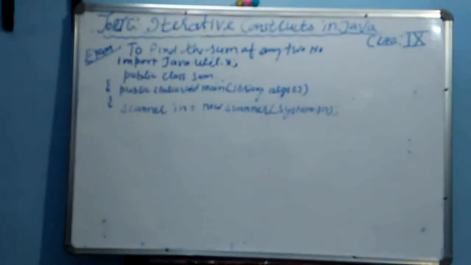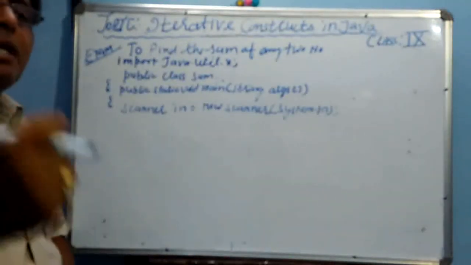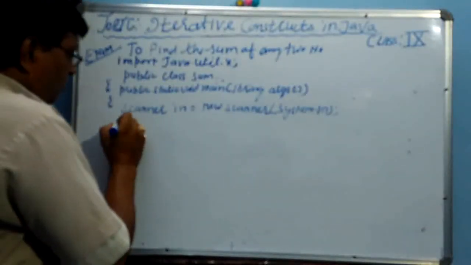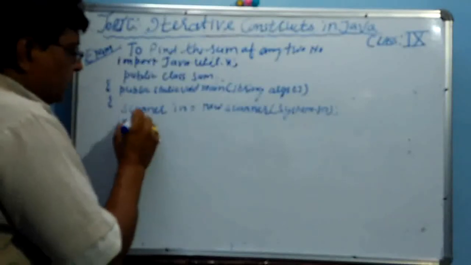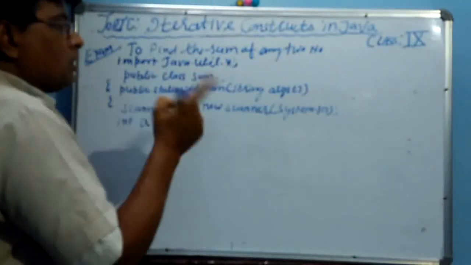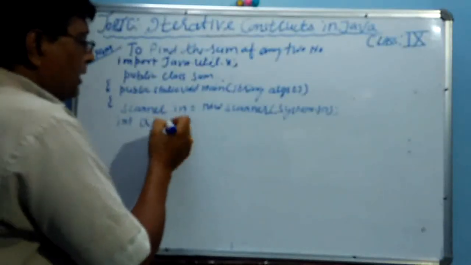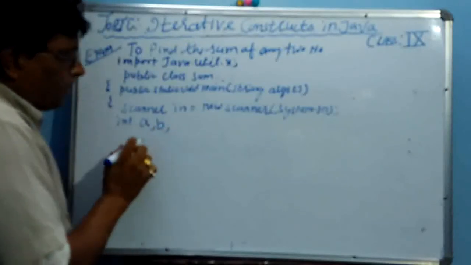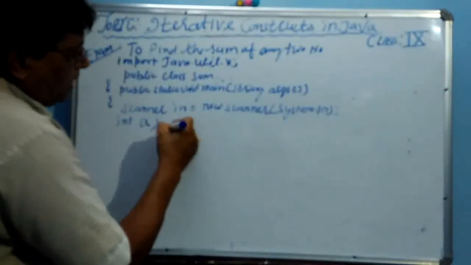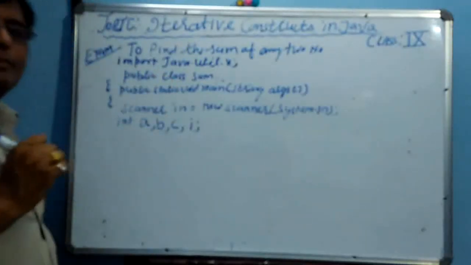Clear? Now after that we define the variables using data types. We use the integer data type: the first number a, the second number b, and the sum of the two numbers a and b will be stored in c, and the next variable we will use for the loop. Clear?